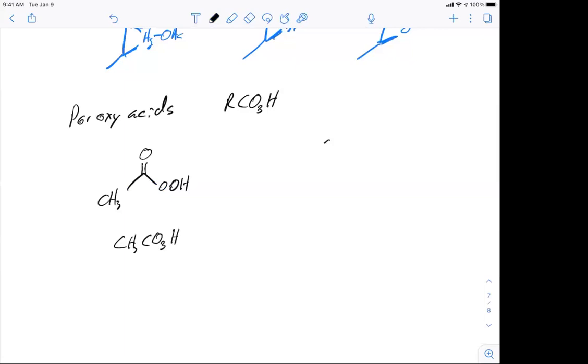The other one you'll see, and this one has an abbreviation based on its name, which is meta-chloroperbenzoic acid.